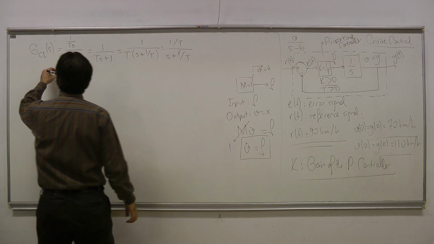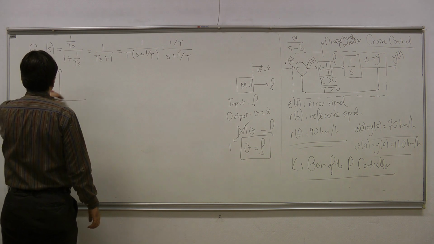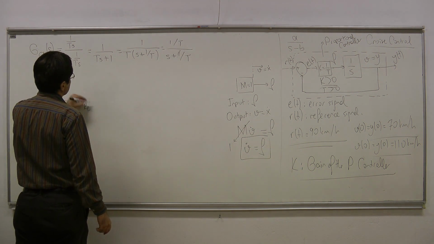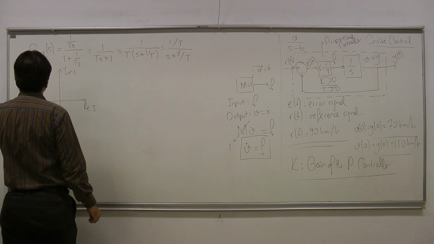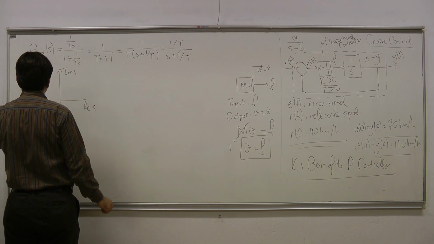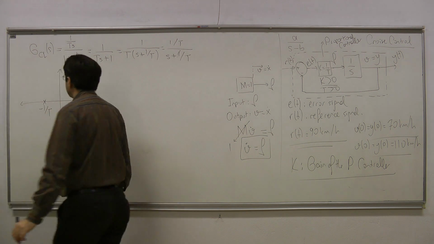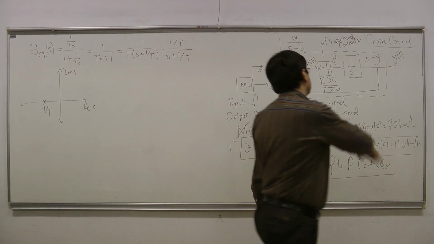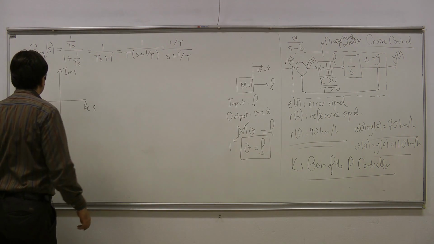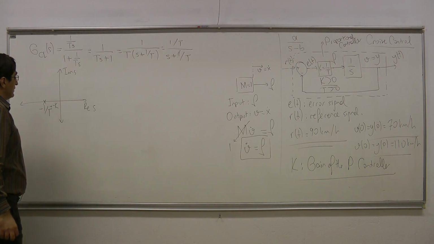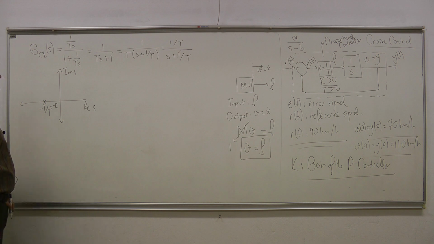So if I make a pole zero plot for this system, it doesn't have any zeros, and it has a pole at minus 1 over T. Okay? And since 1 over T is just equal to k, the pole is at minus k. It's the same position.